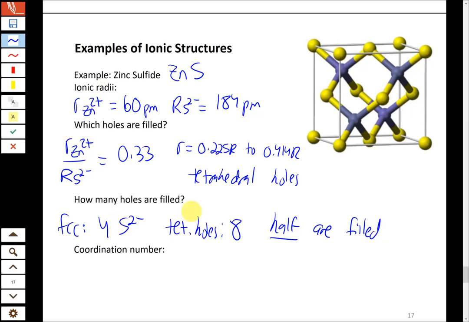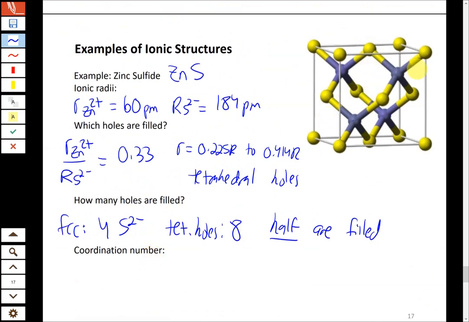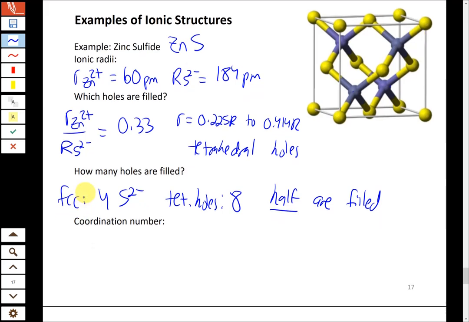So if we have 4 anions, we also need 4 cations, but there's a total of 8 tetrahedral holes, meaning only half of them need to be occupied in this structure. And that's what's shown here. So we have 4 of those zinc atoms shown in purple here in the tetrahedral holes near each corner, but then the other 4 corners are not occupied at all. They're empty. Okay, so that's what the zinc sulfide structure looks like. Half of the tetrahedral holes are filled to make sure that we maintain charge balance.